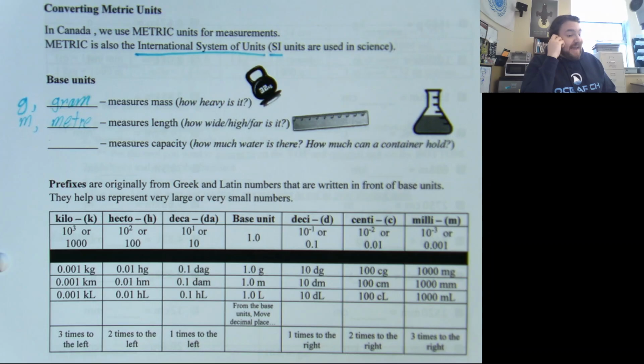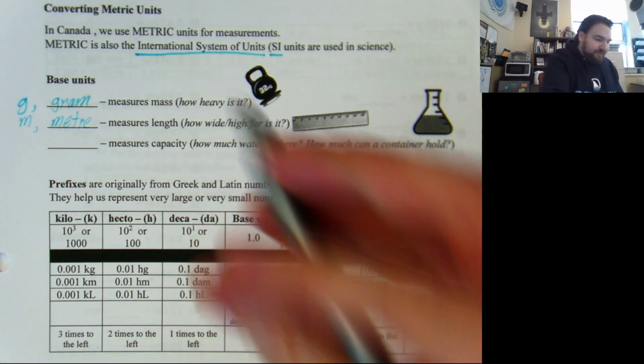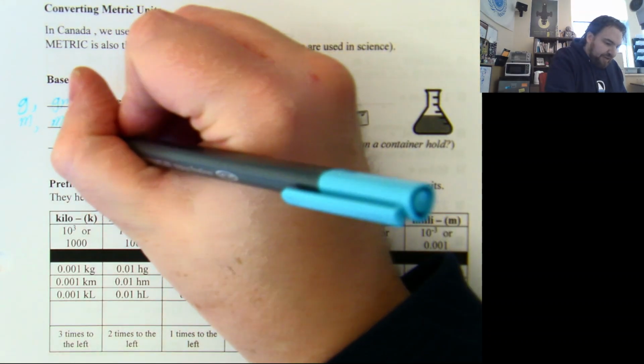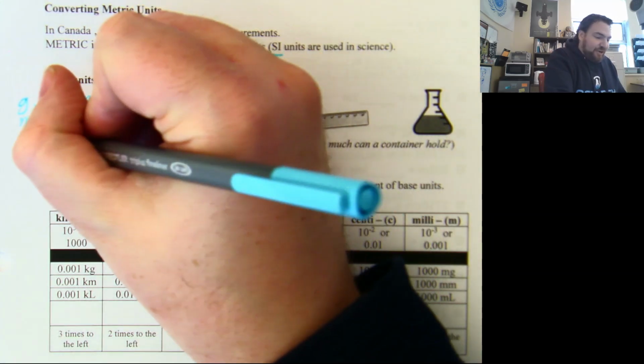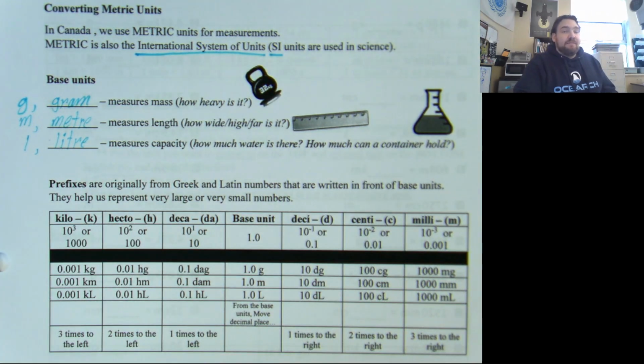If I wanted to measure capacity or volume, how much something holds, what's the base unit for that? It's not a gram. It is not a meter. It's the liter, also spelled with an R-E, L-I-T-R-E. Been asking that question all semester. Denoted by the lowercase letter L.